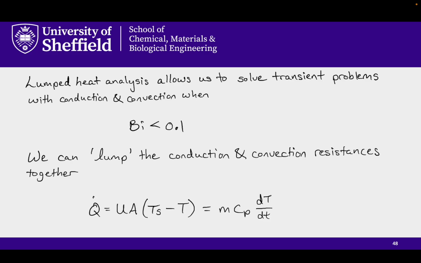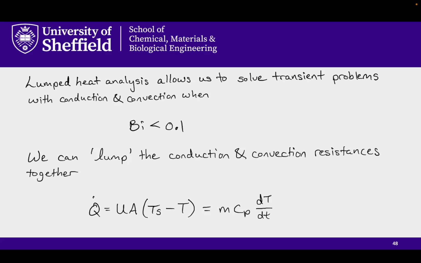It looks something like our usual expression where heat flow is this lumped heat transfer coefficient U times the area of heat transfer times the temperature difference between the surrounds, which is the fluid, and the temperature of whatever it is that we're trying to cool, which is just a variable T.